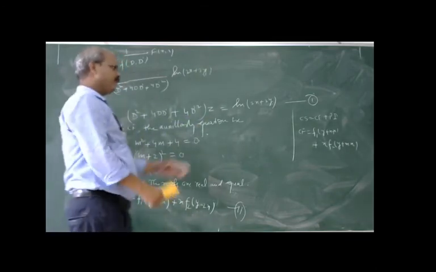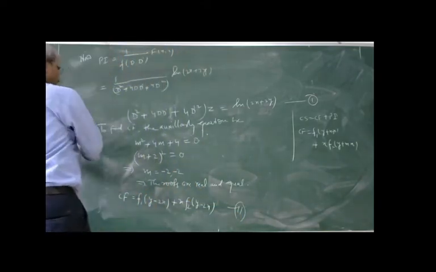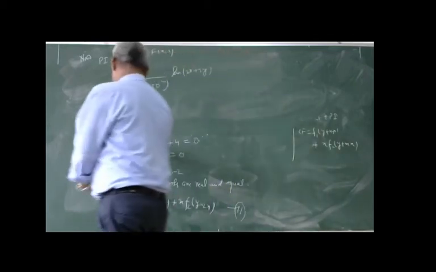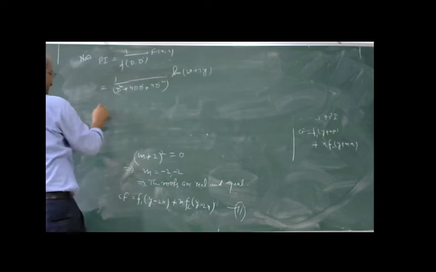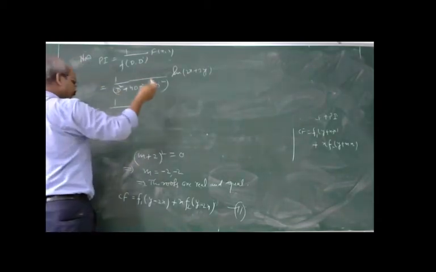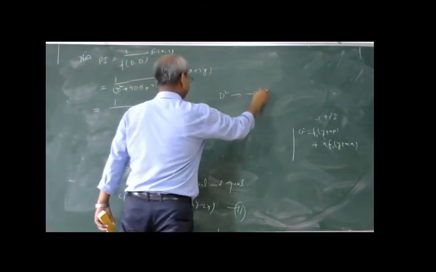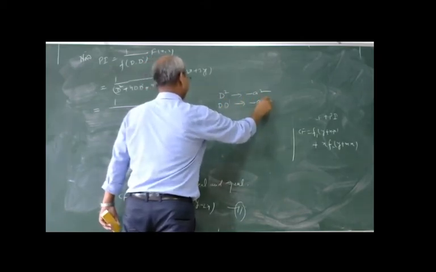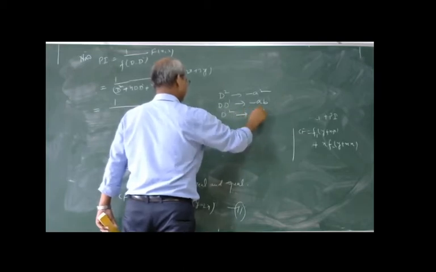Here the values are a = 2 and b = 3. By the process you have seen, D² is replaced by −a², DD' replaced by −ab, and D'² replaced by −b².